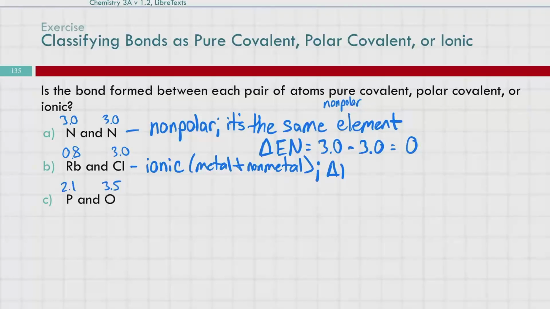Also, the difference in electronegativity, 3.0 minus 0.8, which is 2.2. That's above our threshold of 2, and so it's an ionic bond. Do you always subtract the larger number? You don't have to do it that way, but if you get a negative number, make it positive.